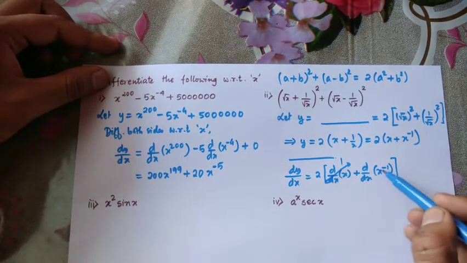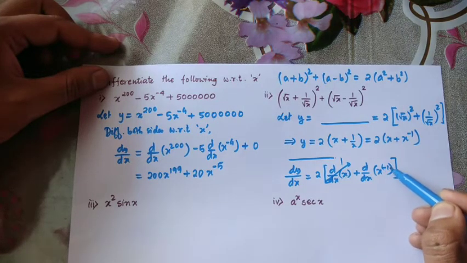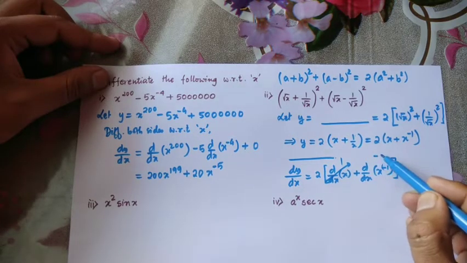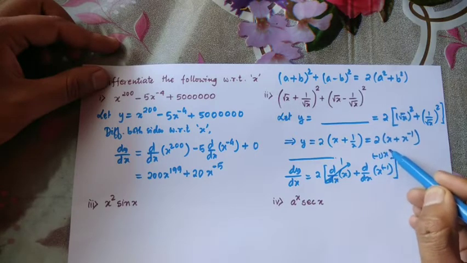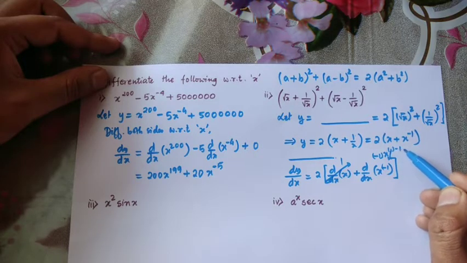Okay, now this is my n. x to the power minus 1 is there, so minus 1 is n for me. So differentiation of x to the power n will be n into x to the power n minus 1. So n is minus 1 out here, so minus 1 gives me minus 2.